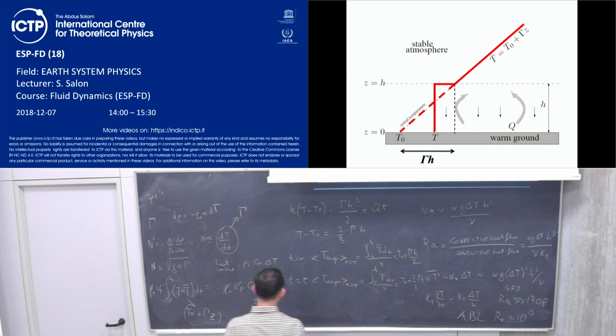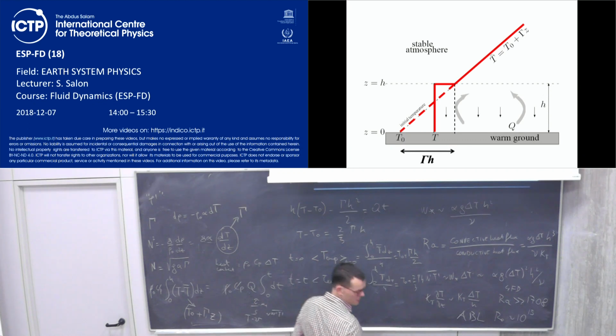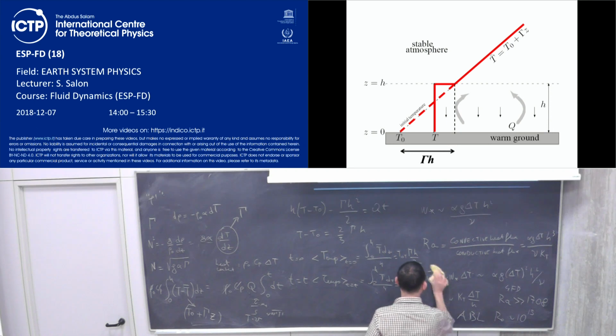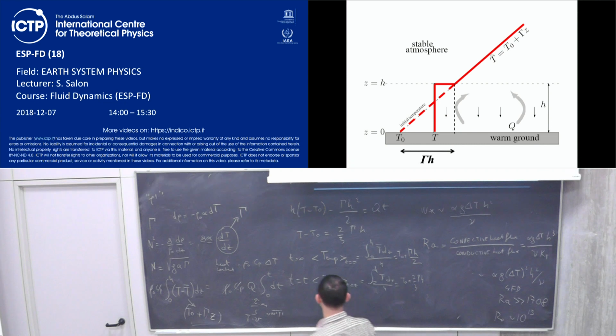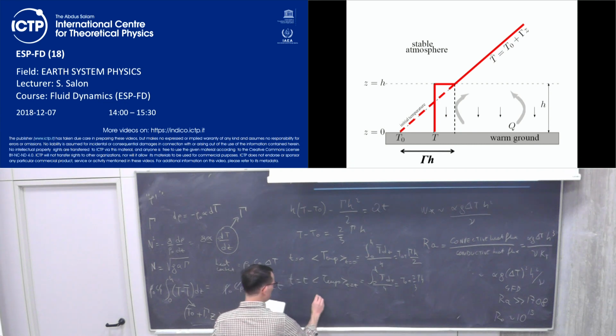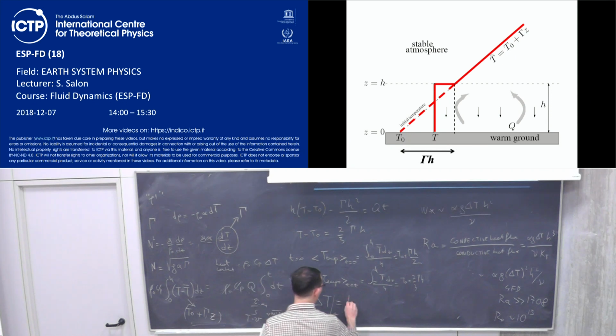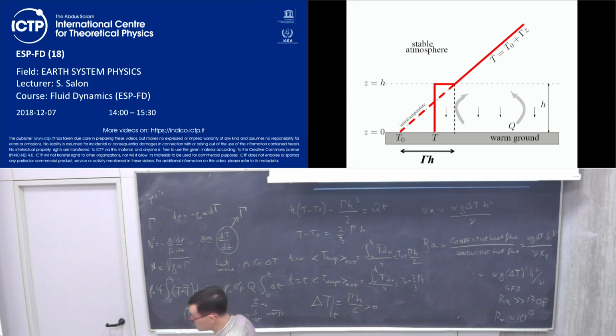Okay? So the difference between the final average temperature and the initial average temperature, which is the difference between this expression here and this expression here, so the delta T in time t, is equal to lambda h over 6, which obviously is positive.